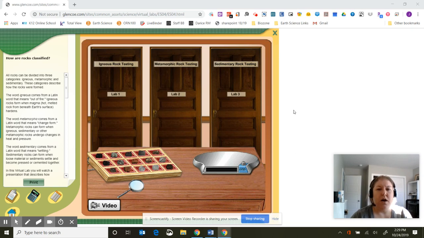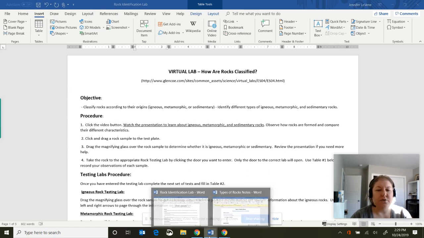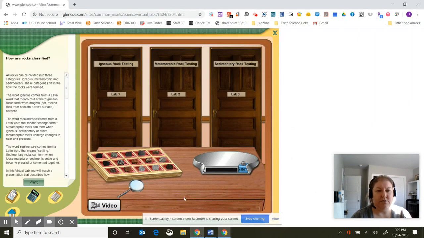As we're going, I'm going to go back and forth between the lab document, the one you will be completing, which is this one, and also the lab itself. Okay, so we can go and discover exactly what it is we need to do.